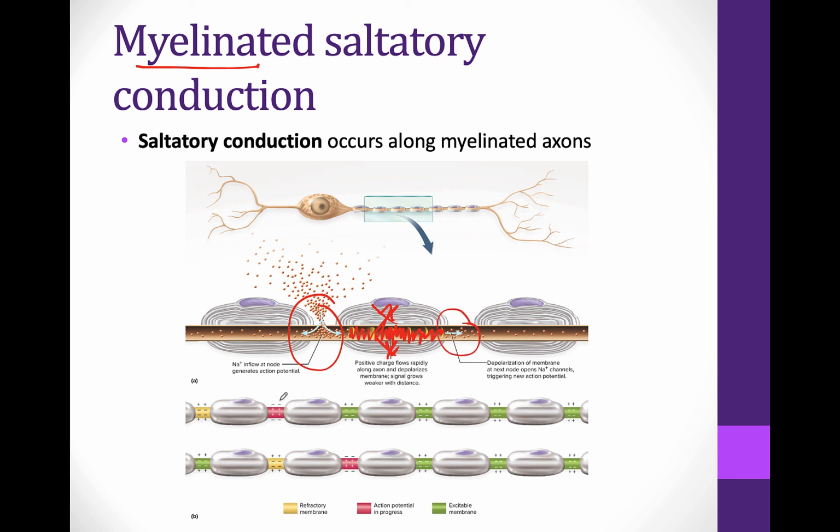So instead of having to go over every single millimeter, the action potential can actually just jump from here to there to there, and there to there. That's called saltatory conduction, and saltatory means jumping from one place to the other. And so this is just going to go faster because I can move from there to there faster than if I had to travel this whole road.